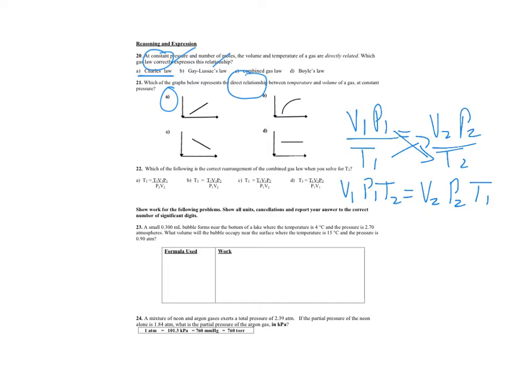And again, the problem wants you to solve for T2. So isolating T2, we divide both sides by V1 P1, and you get T2 equals V2 P2 T1 over V1 P1. And that corresponds to choice number D.